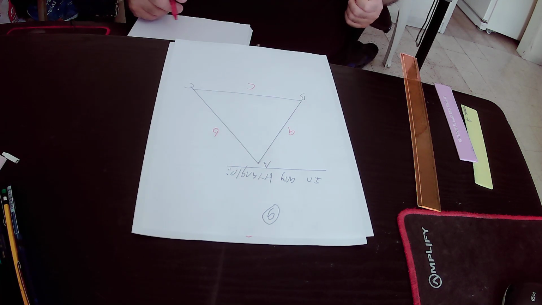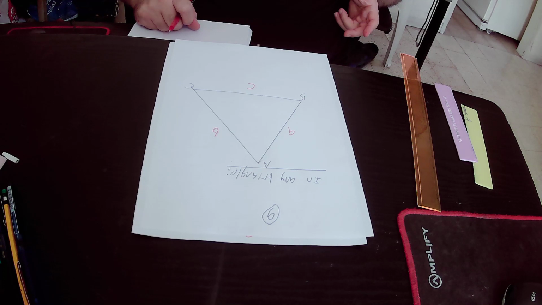Then we have a rule that states that the sum of the lengths of two sides of a triangle is always greater than the length of the third side.